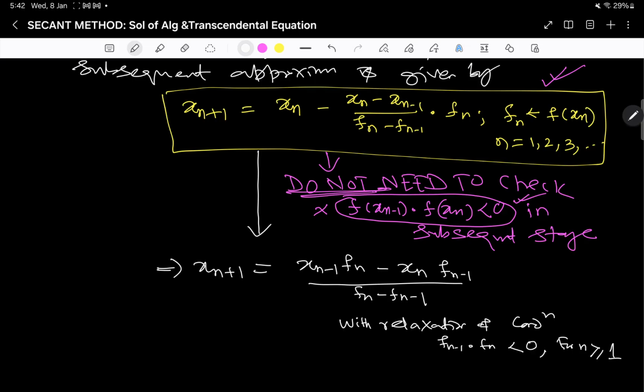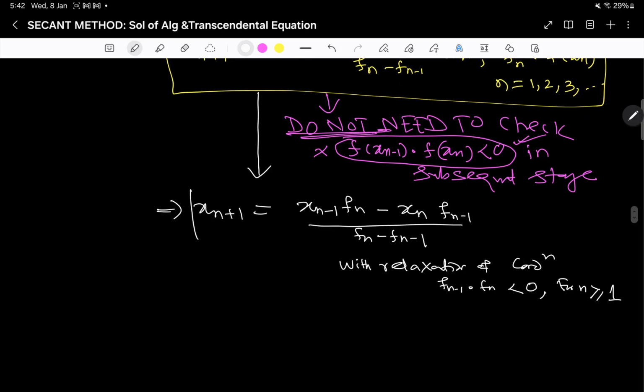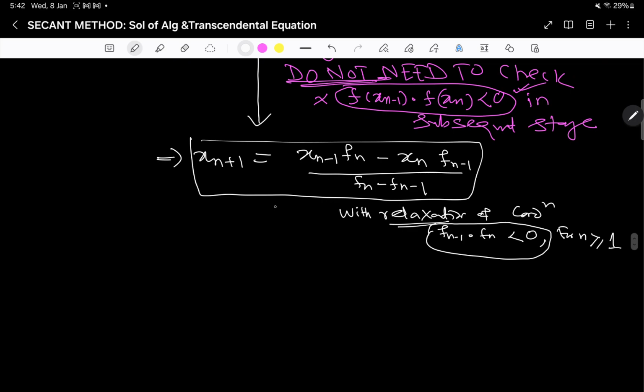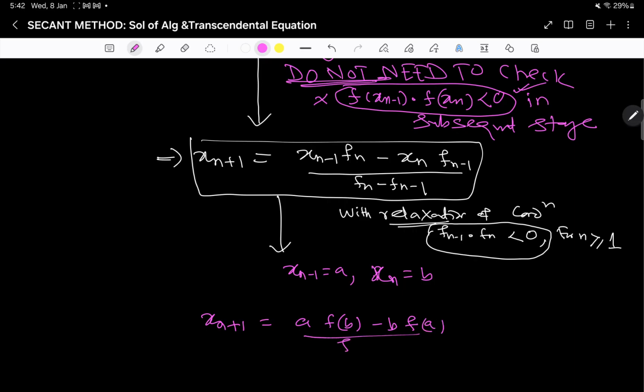This condition is relaxed here, but it is imposed in the previous regula falsi method. Now if I put x_{n-1} as a and x_n as b, then this formula will be the same as x_{n+1} = (a f_b - b f_a) divided by (f_b - f_a).